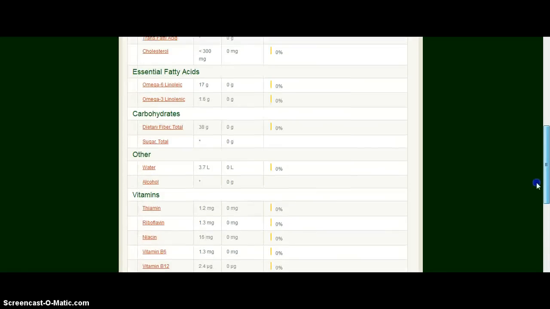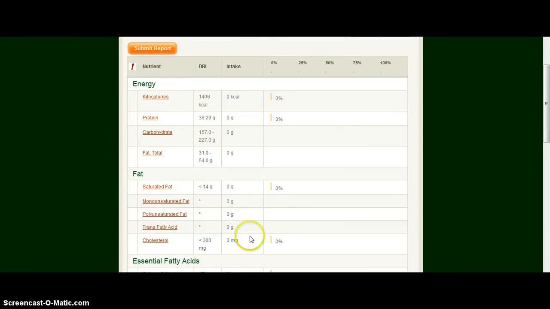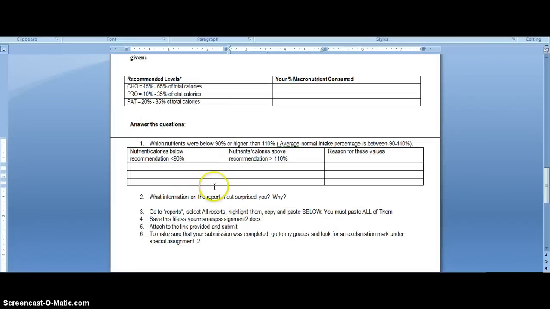If you had any that were below the 90%, you're going to enter it in these spaces here provided. List all the nutrients and calories that were below the 90% recommendation in these spaces provided.